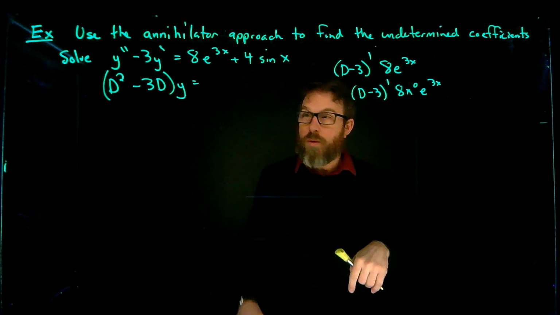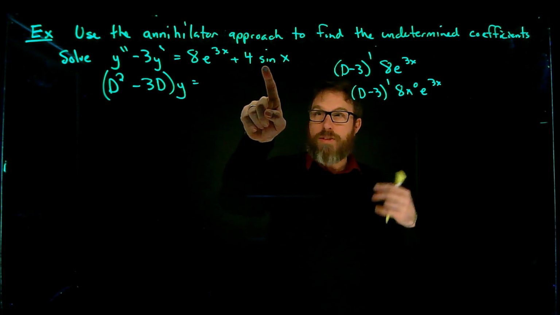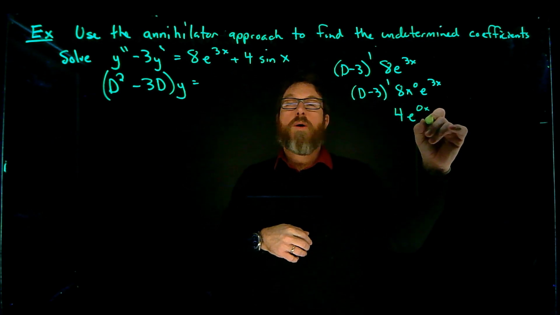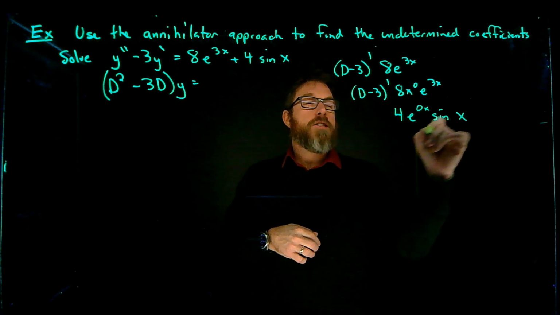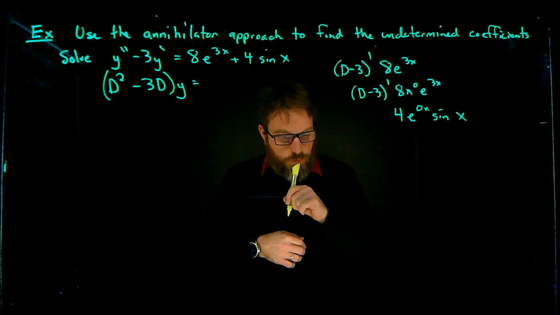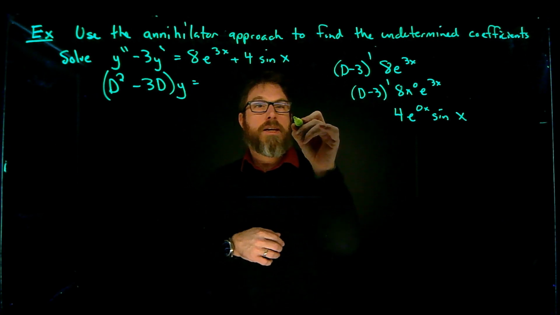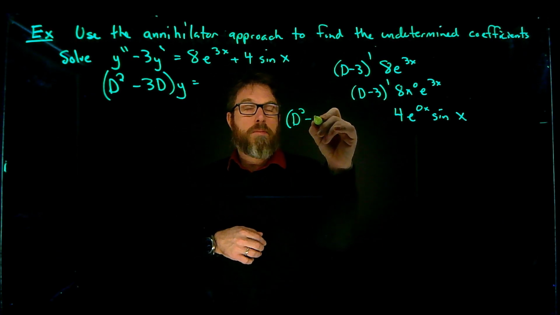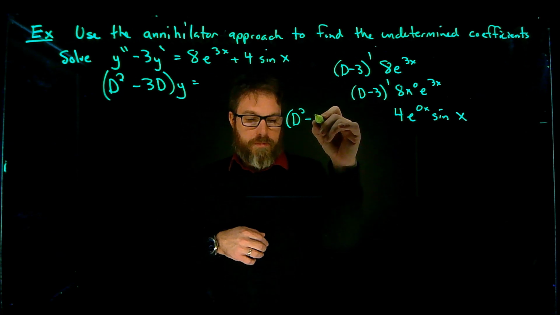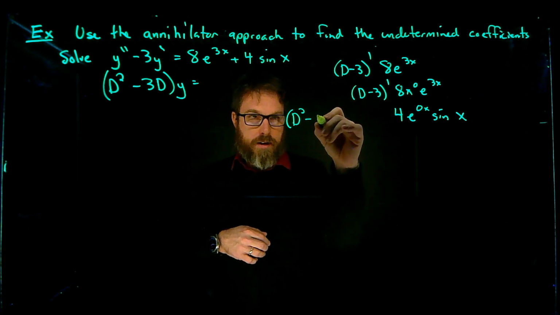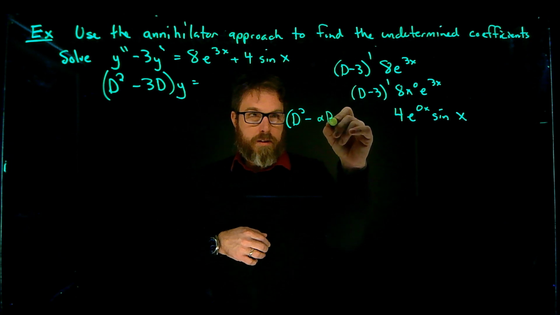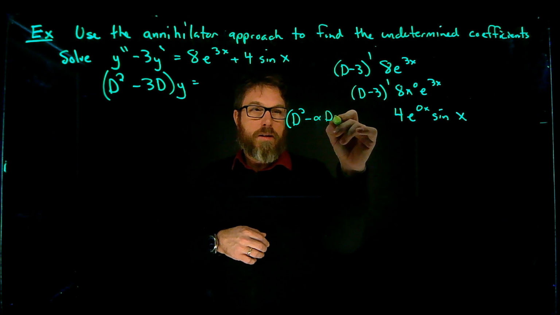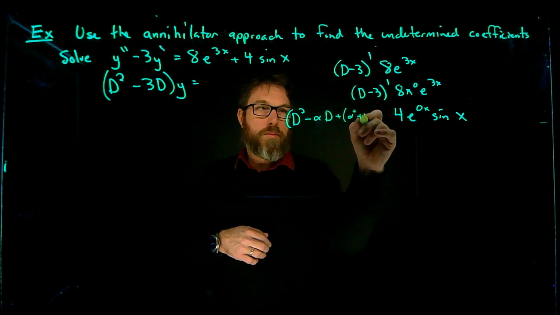And then if I want to annihilate the sine function, well, this is actually a special case. If I have 4e to the 0x sine x as well, what we know is that the differential operator that annihilates this thing is going to be that bigger one. We have D squared minus 2 alpha D, my bad, plus alpha squared plus beta squared.